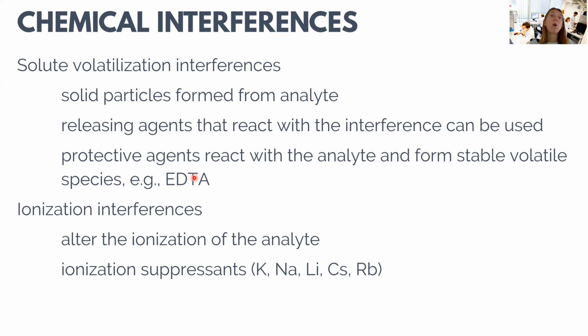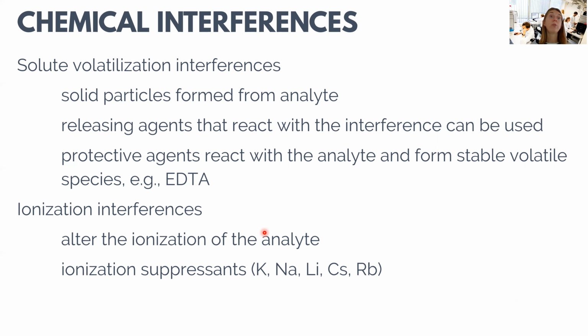methods. Another type of interferences is the ionization interference, and ionization interference is affecting by changing the amount of our analyte atoms that are ionizing in the source. So we had these three processes: the atoms that can be excited, that can return to the ground state, and we also had the ionization that may occur.